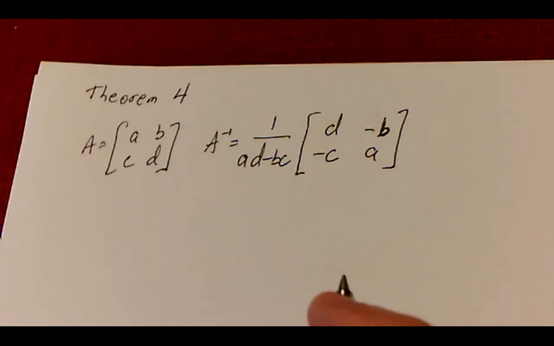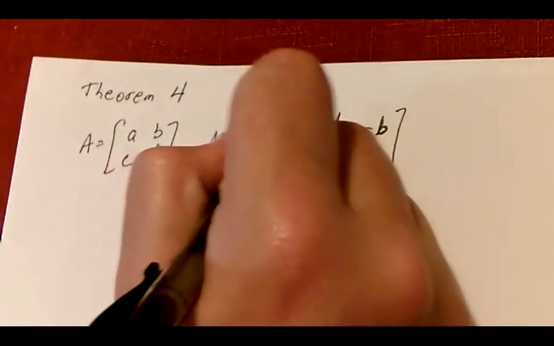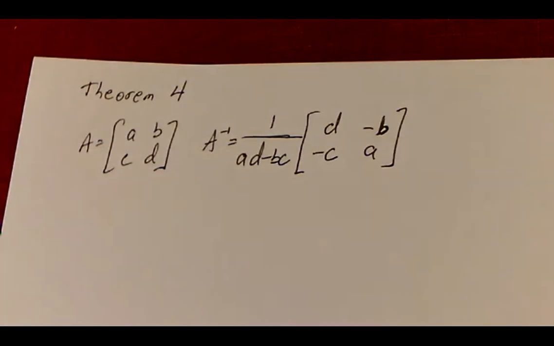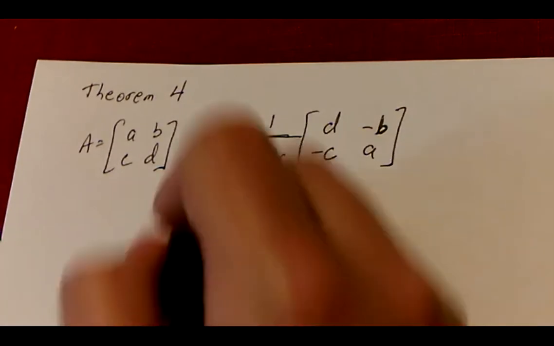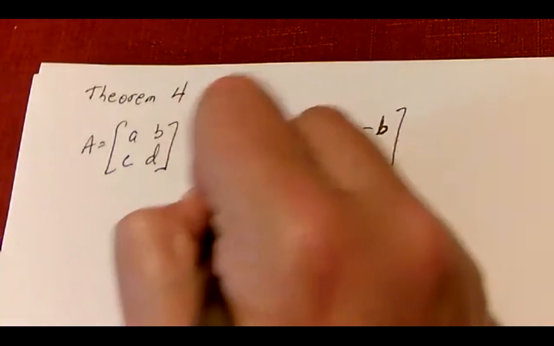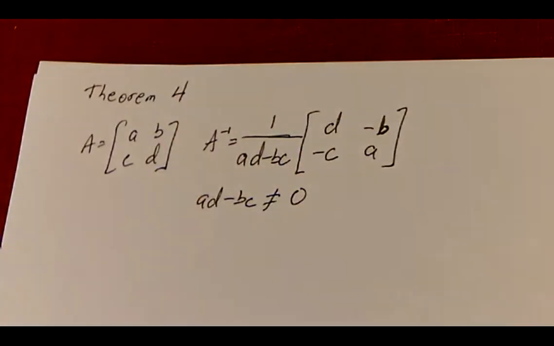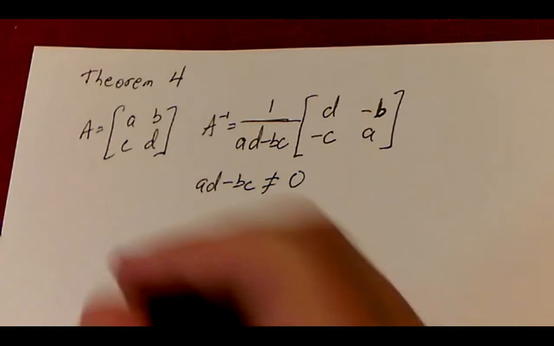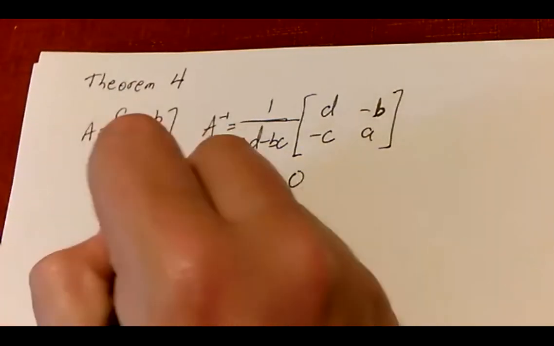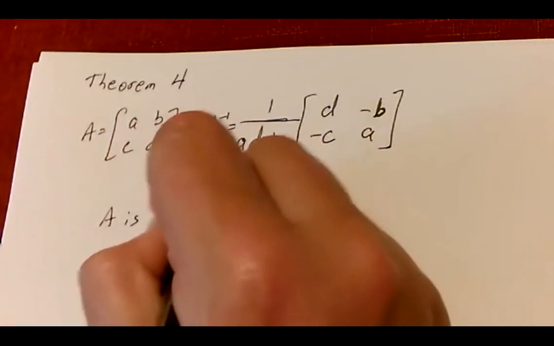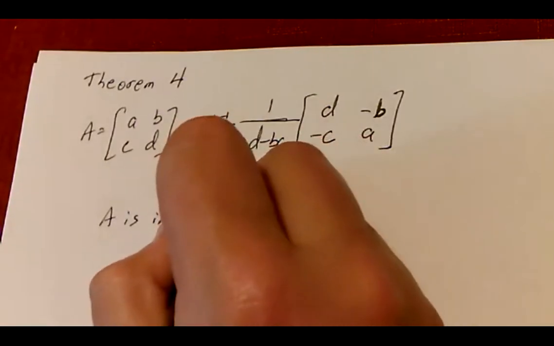Now notice this only gives me a 2 by 2. And we also want to notice one more thing. I have a division, and anytime I have a division, I have to account for the fact that I can't divide by 0. So AD minus BC cannot be 0. So we say as a property, A is invertible. So we're defining another vocabulary word there.